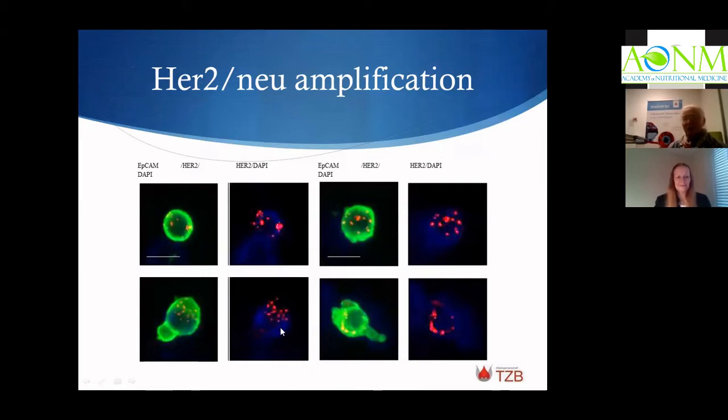It's not really known how this occurs, but it's known that the cells can amplify, repeatedly read these gene sequences, and then have a lot of these sequences present, and this means they can express these growth factor receptors at a higher concentration on their surface, which means they can respond better to growth factors. And we have to block these receptors to make the cells insensitive to growth factors.